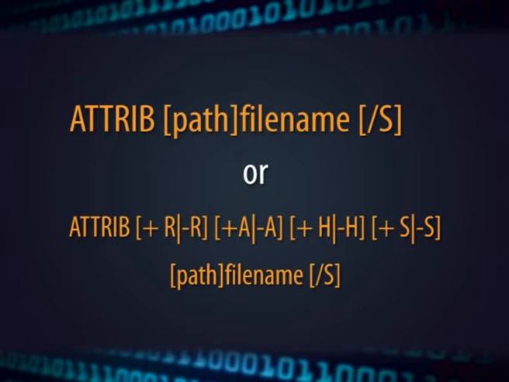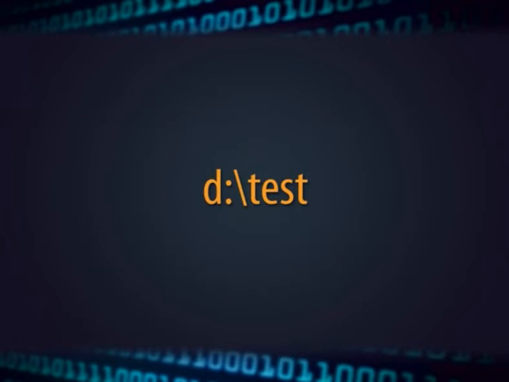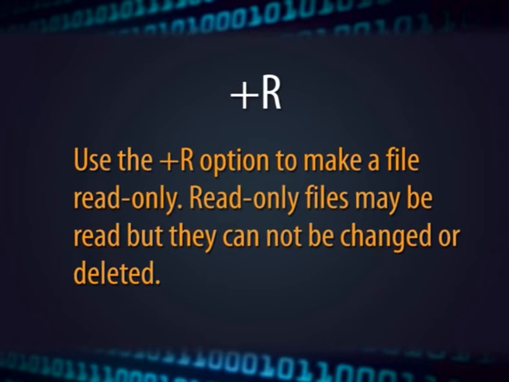Syntax of the attrib command is attrib, then the path and file name, then /s. Now, let us understand the syntax which we can use with the attrib command. In the syntax, path is the complete address of the file, like d:/test. +r.